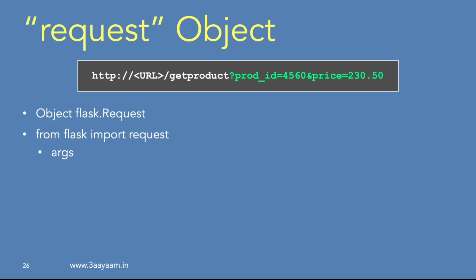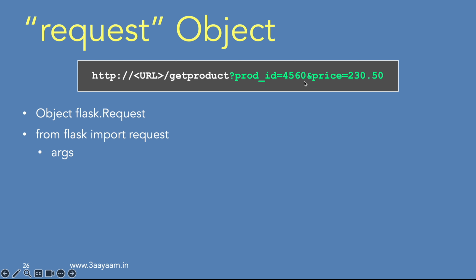The first one is args, request.args rather. And what happens is that whenever you use this particular variable, all these parameters that you see are captured in the args variable. And then those parameter variables and their corresponding values are given to us as a dictionary. In this example, we have prod_id and price, which are the two parameter variables.